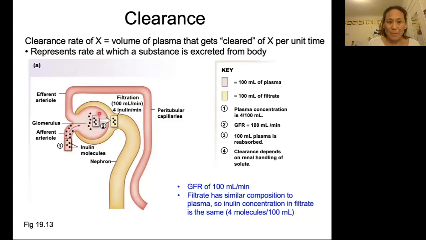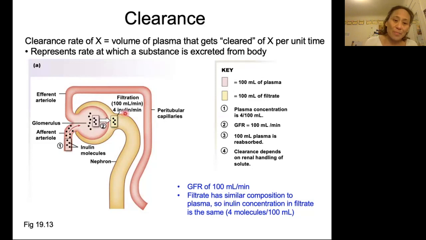That 100 milliliters is gonna move up here and it's going to filter through to Bowman's capsule, okay? So in this example, our GFR is 100 milliliters per minute, which means that 4 inulin molecules are being filtered into Bowman's capsule per minute, okay? So inulin is going to be present at the same concentration in the tubule that it was in the bloodstream, because remember, the filtrate is going to have basically the same composition as the plasma, except that we don't have proteins.